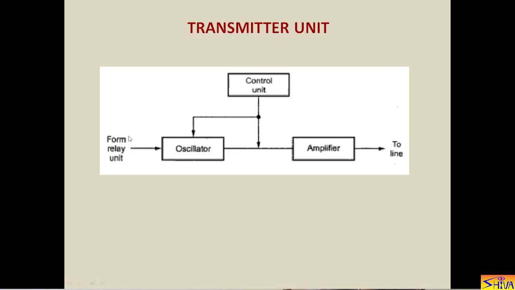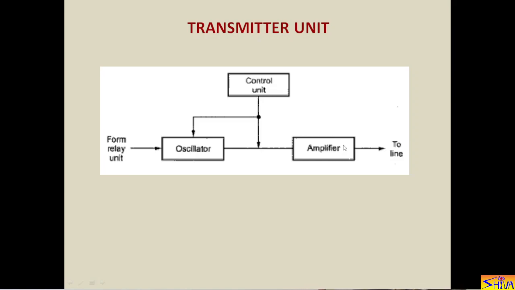When it receives the positive half cycle signal, the control unit either turns this on, or it is continuously on, and it connects this oscillator to the amplifier during positive half cycle only. This oscillator generates carrier signals during positive half cycle of the current wave, and then it sends this signal to the amplifier.